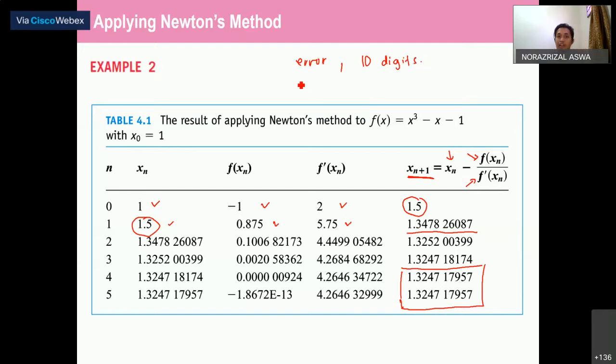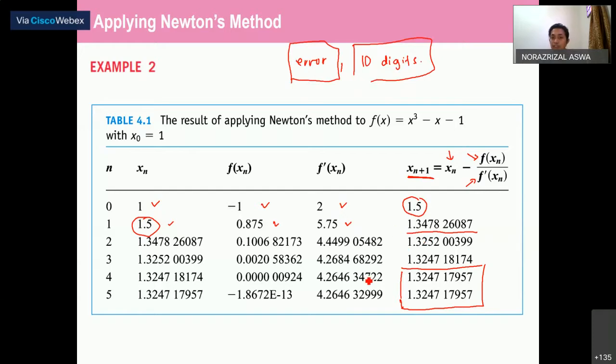If error, I think we can do as in the previous one: we do the iteration until the error is within the terminating criterion. If the question states 10 digits, for example, this is like 10 decimal places and so on.